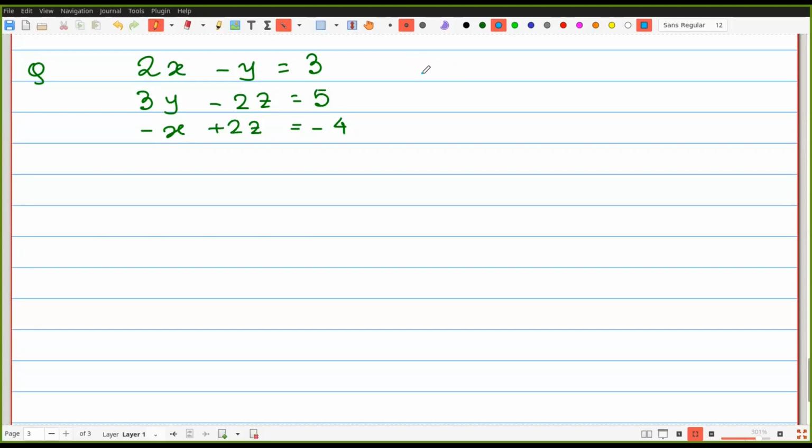So the very first one, 2 into x minus y. Third one must be z, but the z is not present here. So that means its coefficient is 0. And we are writing that one is equal to 3.